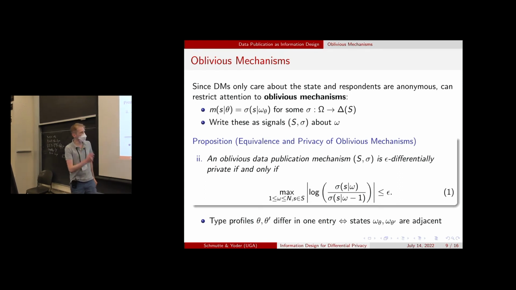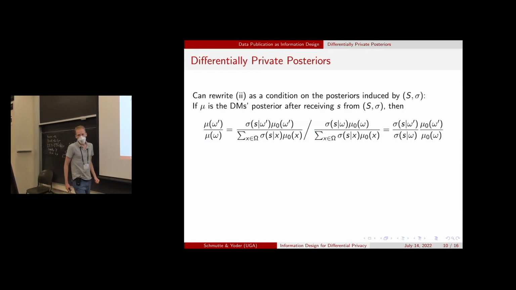And in fact, we can rewrite this condition as a condition not on the signal, but on the posterior beliefs induced by the signal about the state. To see this, note that Bayes' rule implies that the posterior odds of one state omega prime against another one omega is just the prior odds times the likelihood ratio for the output that we saw in order to update to this posterior.